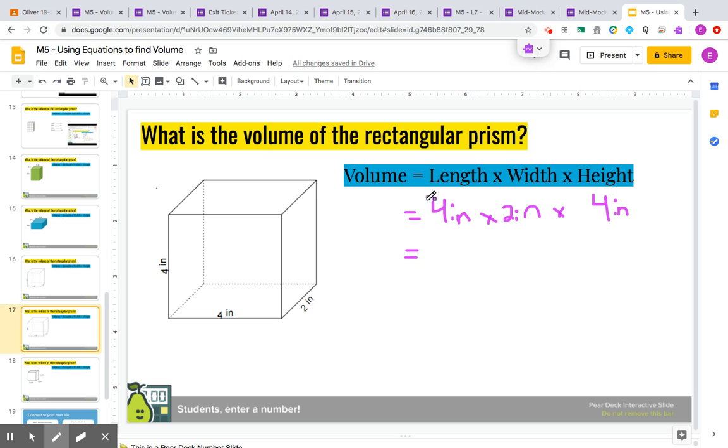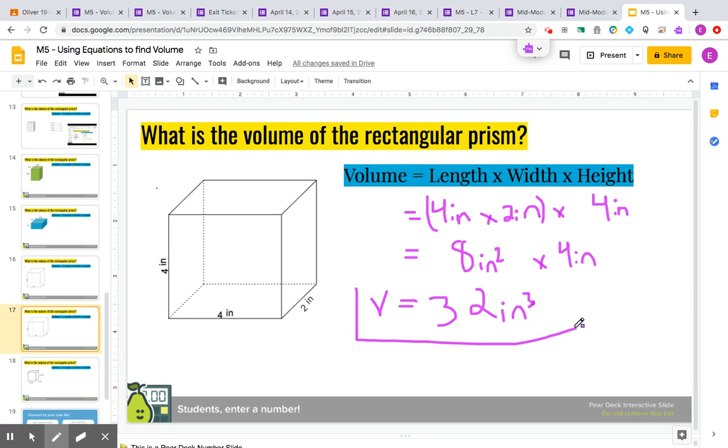So we get 4 times 2 is 8 inches squared times 4 inches. I know 4 times 8 is going to be 32. So our volume is 32 cubic inches.